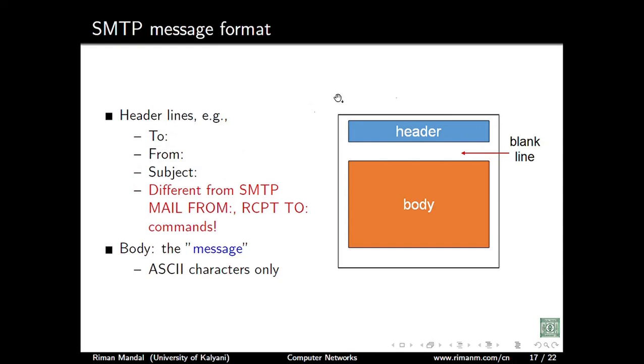So this is the message format, the format after we provide the DATA command. The body of the message will only have ASCII characters. This is for the user information, To, From, and Subject. We can use this as metadata for the message.